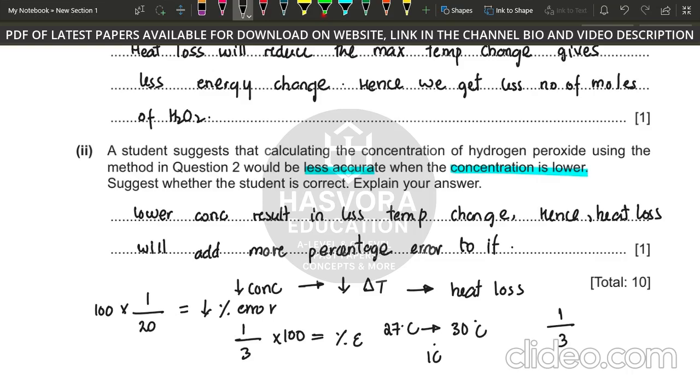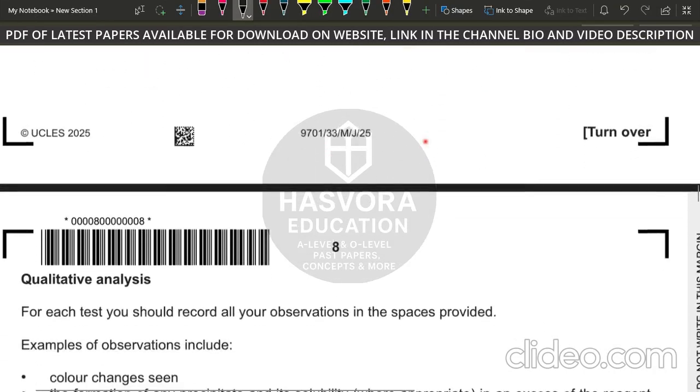And in the start you are going to write that yes, the student is correct. So this will be your answer for this question, and we have successfully completed question number 1 and question number 2.